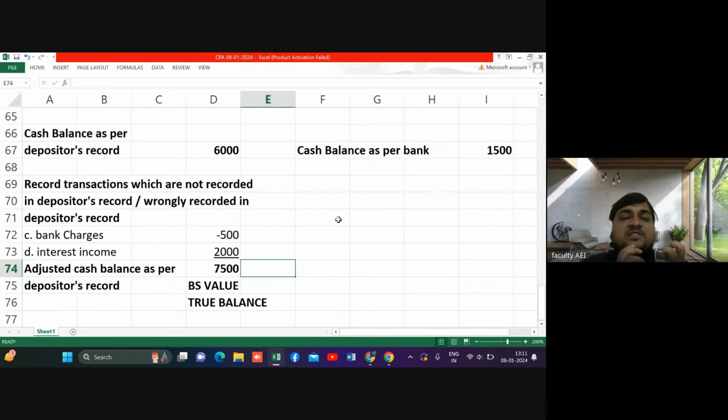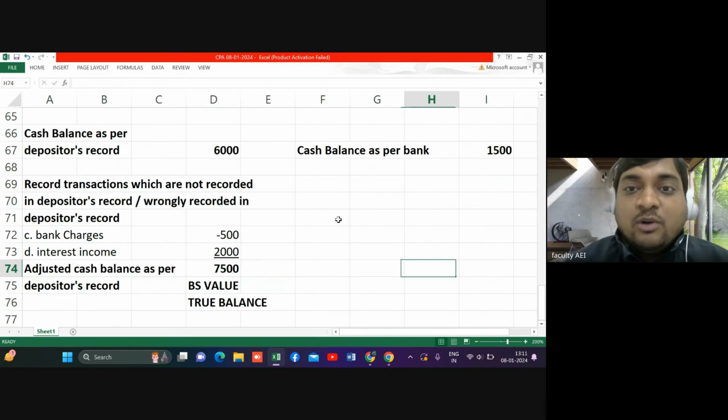The ultimate objective is to bring your balance reported by the bank to true balance. I have to bring this 1500 and make it 7500. So for that, what I will do?